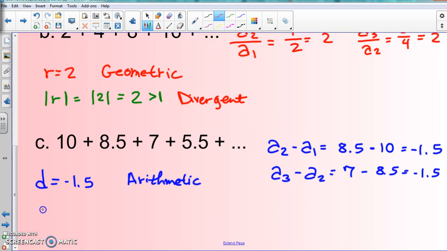Alright, and so the last thing again is the absolute value of D. We get a positive 1.5. Is that greater than 1 or less than 1? Greater than 1, so again, it's divergent.